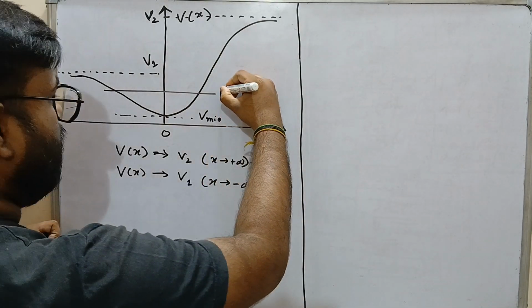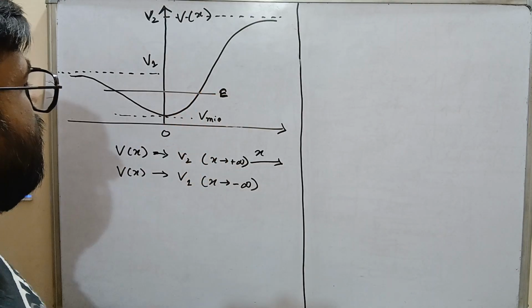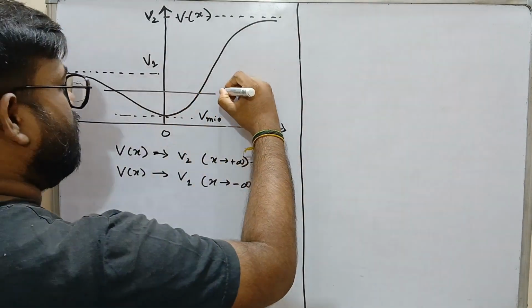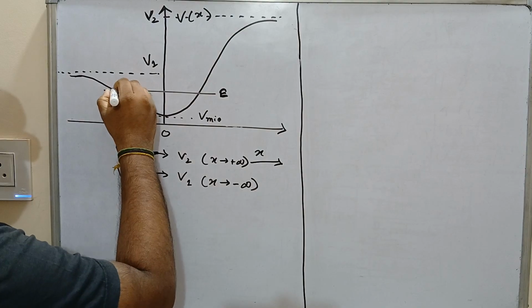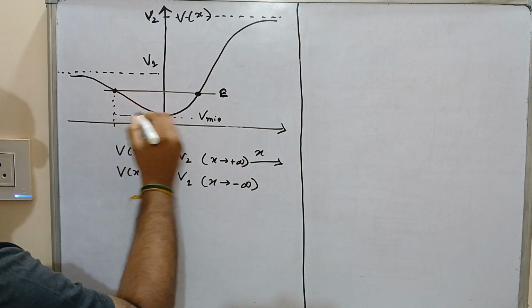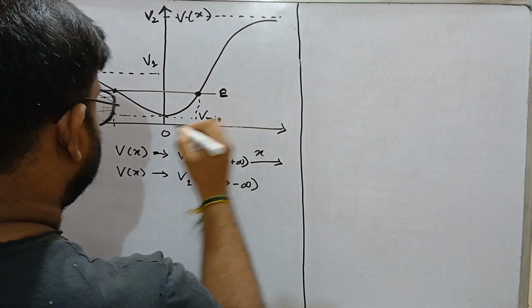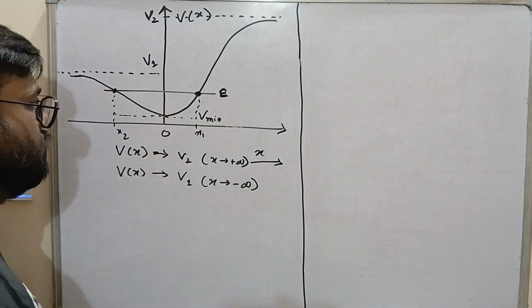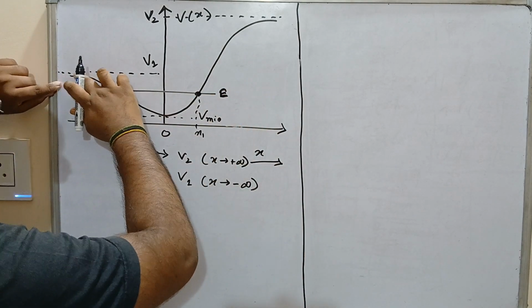Now look at this point. This is the energy of a particle that is crossing the potential at 2 points. Let's say this point is x1 and this point is x2. You can understand that this is a potential that is going down.